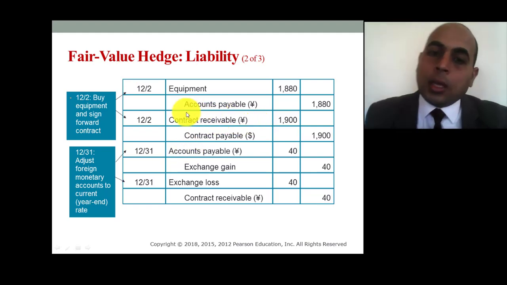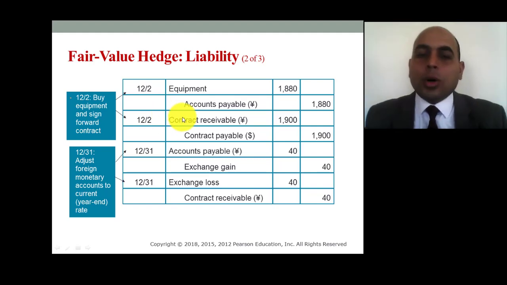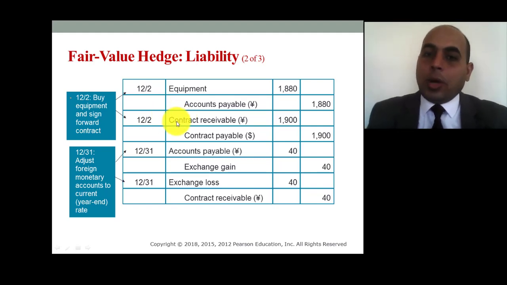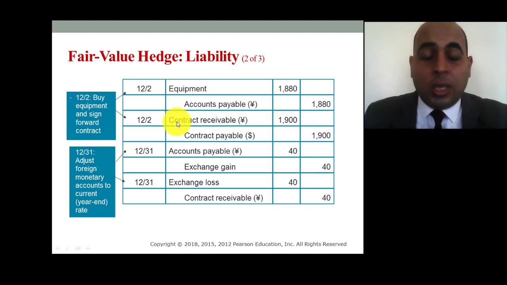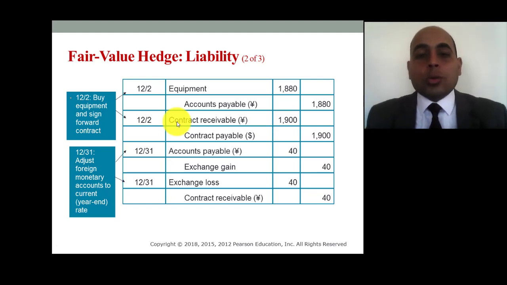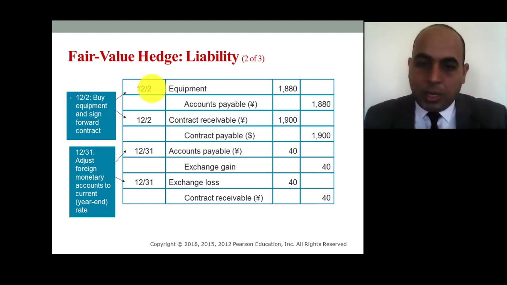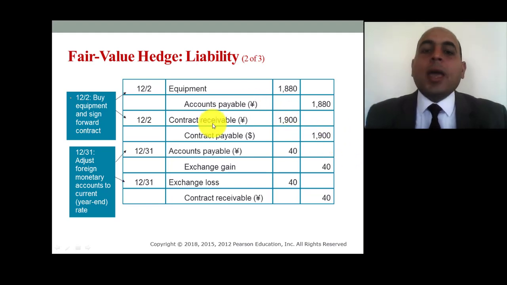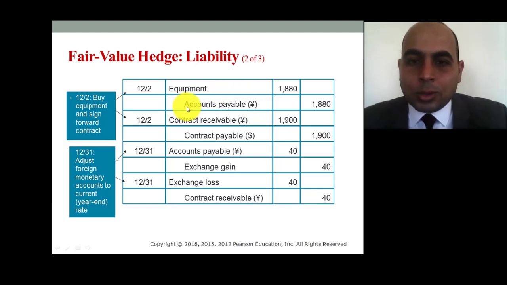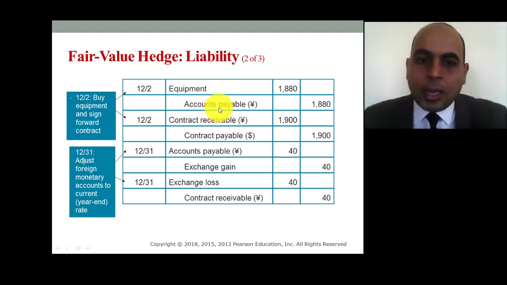On the settlement date, you also have to adjust it, because the 200,000 yen that we will receive will be exposed to exchange rate fluctuation. But the contract payable is fixed because we will pay a fixed amount. So the point is, against the fluctuation of the accounts payable that we are going to pay, we have a fluctuating amount, the contract receivable.